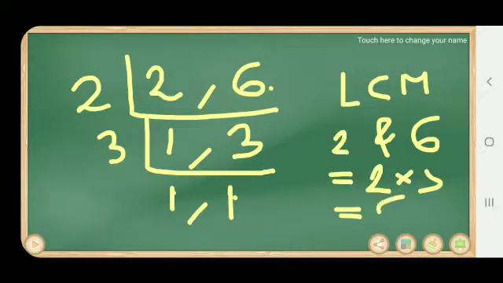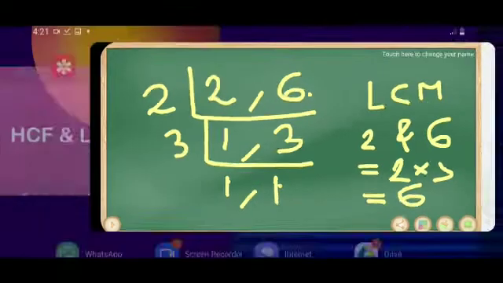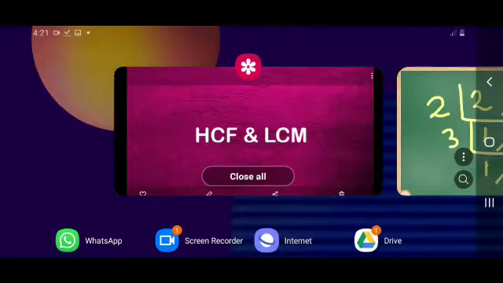So the least common multiple of 2 and 6 is 6. We know that. If you write the multiples, surely we will get the least common multiple, or LCM, which is 6. Okay.